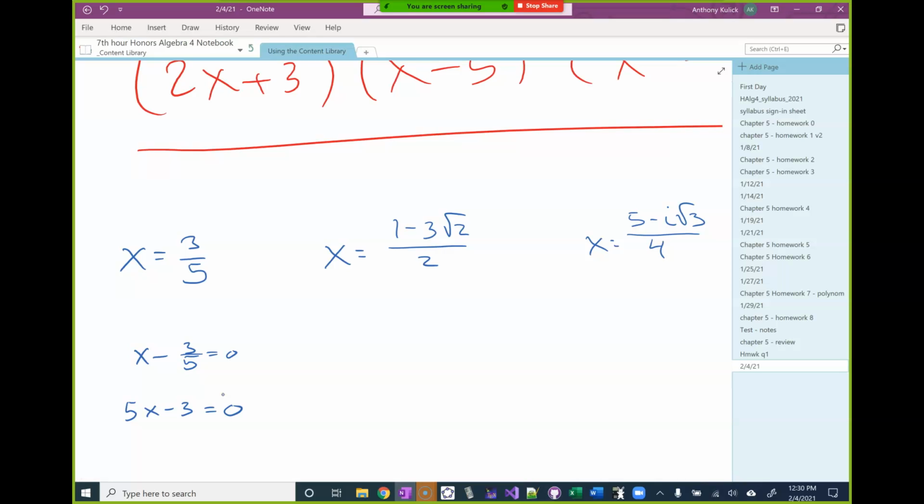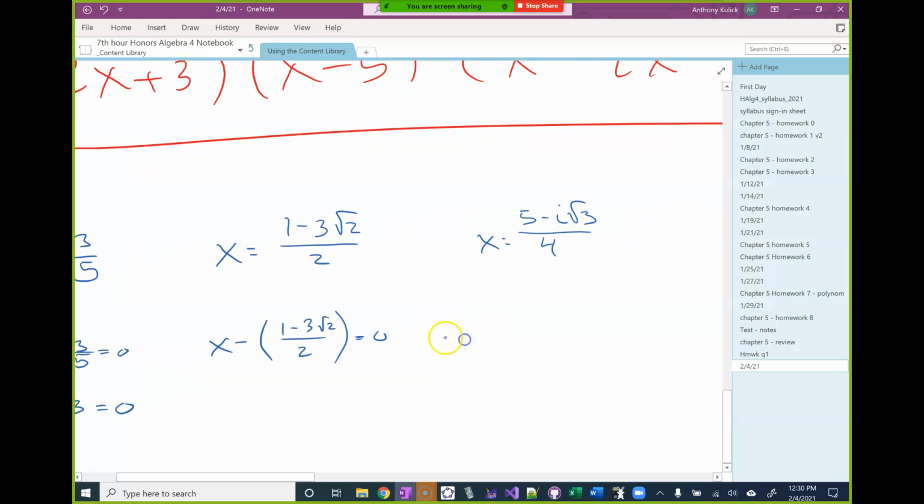Here, we're going to, oops. And then again, this is irrational, right? Because of the square root in there. Mm-hmm. So I'm also going to need its conjugate. Okay with that? Mm-hmm.